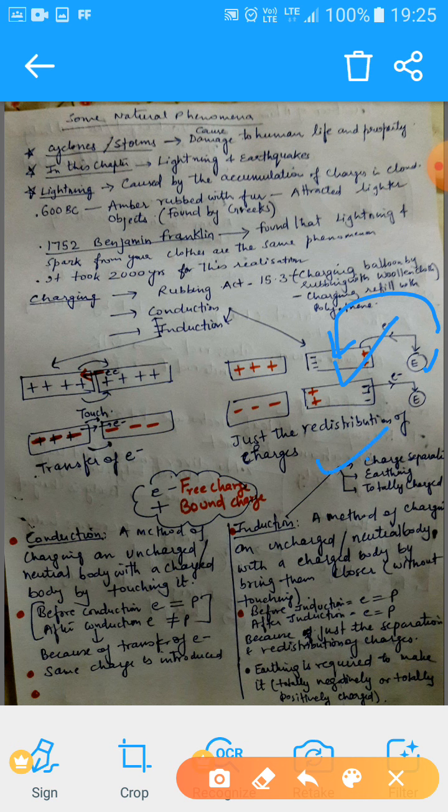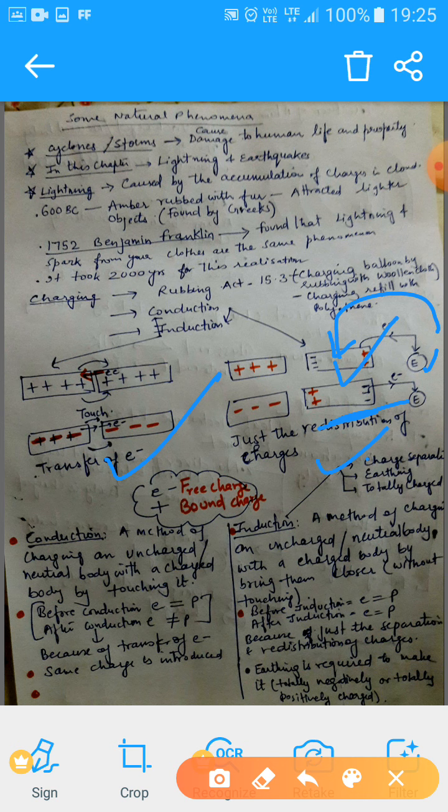And the second thing is, in case of induction, there is just rearrangement of the charges happening, the charges are getting rearranged. But in case of conduction, the body has a completely positive or negative charge based on what it is in contact with.